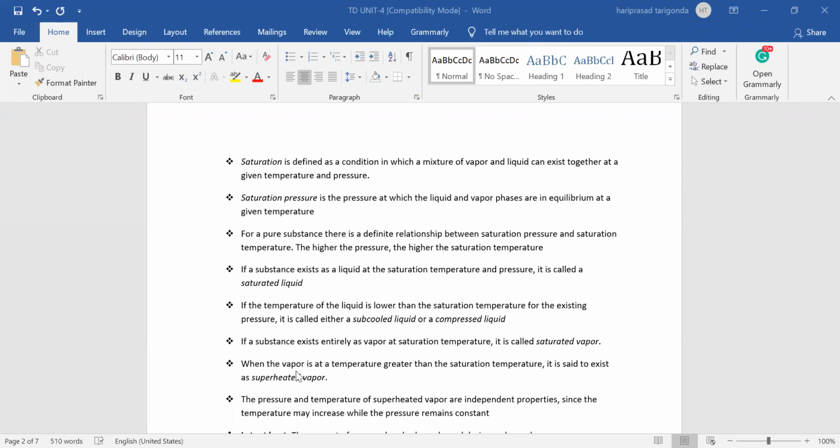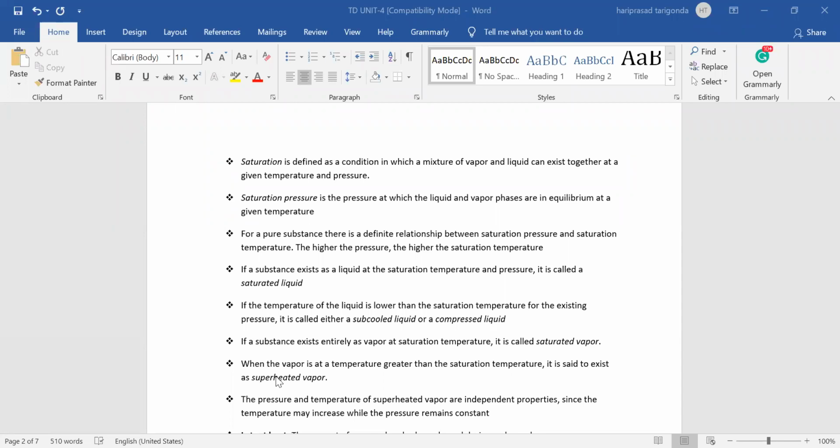If you heat it more than 100 degrees centigrade, let us say 120 or 200 or 300, then the temperature of the steam will be more than 100. So the condition of the steam is called superheated vapor. Any vapor whose temperature is more than the saturation temperature is treated as superheated vapor.